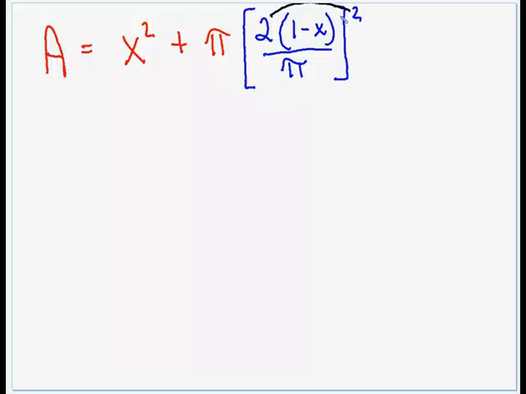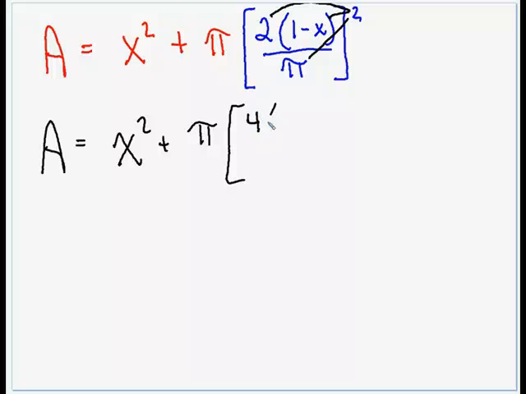It'll go to the 2, it'll go to the quantity, it'll go to the pi in the denominator. So area equals x squared plus pi times 2 squared, or 4, times 1 minus x quantity squared over pi squared. And now we can eliminate this pi with one of these, so we can scribble out that exponent. That's just now pi to the first power.